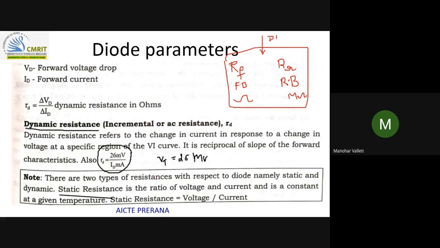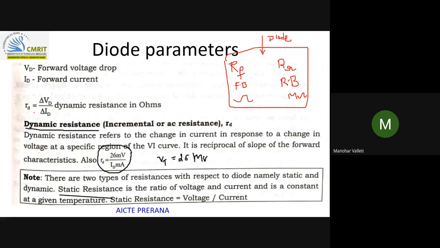This resistance is further divided into static resistance and dynamic resistance. Static resistance is defined as the voltage across the diode divided by the current, whereas for dynamic resistance you find the change in voltage by the change in current.